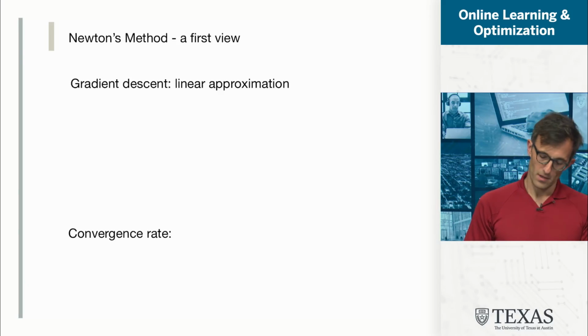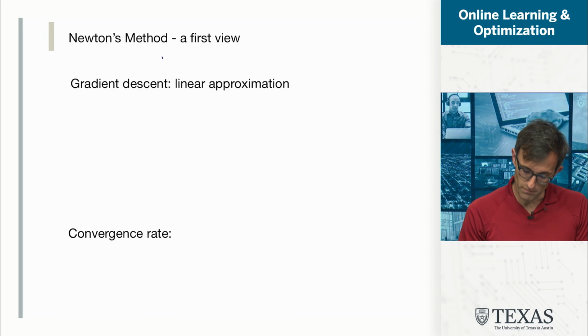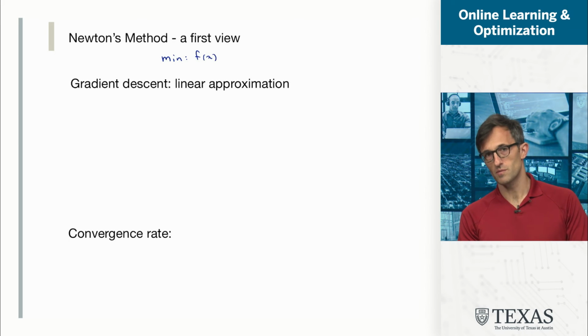Let's have a first view of what Newton's method is and how it compares to gradient descent. In order to do that, I want to go back to how we motivated gradient descent in the first place. In everything here, we're talking about minimizing a convex function. As we'll see, Newton's method requires being able to take second derivatives.